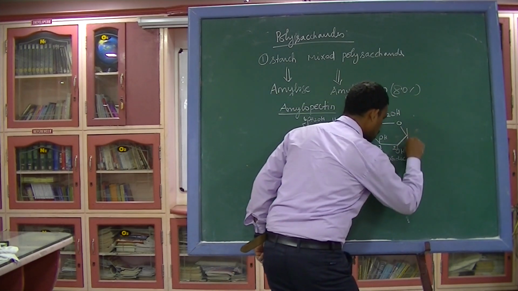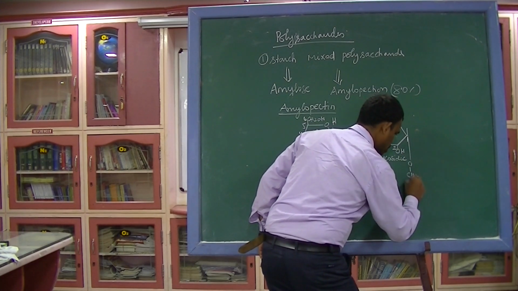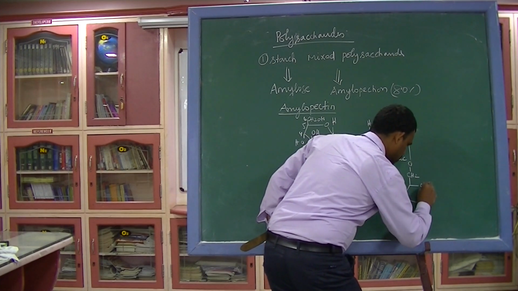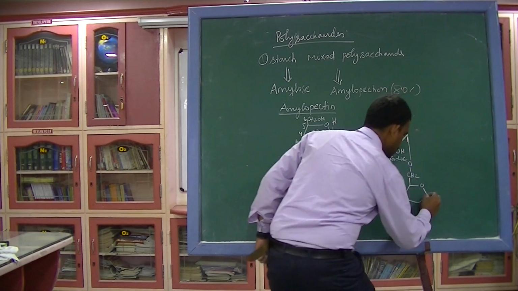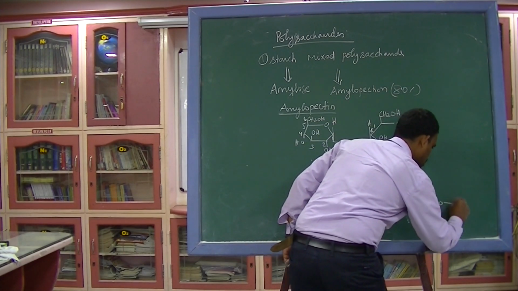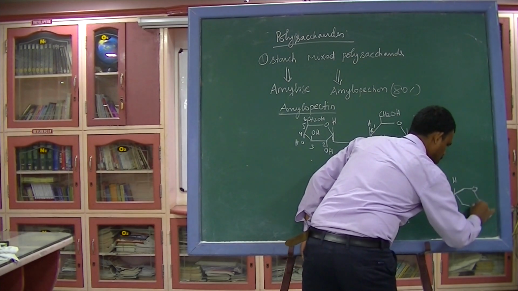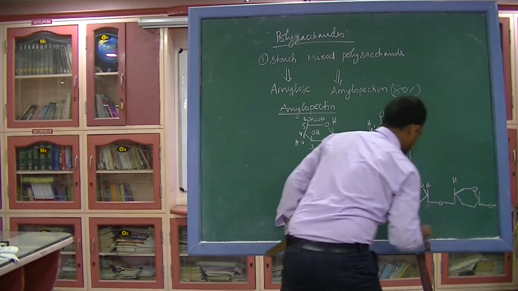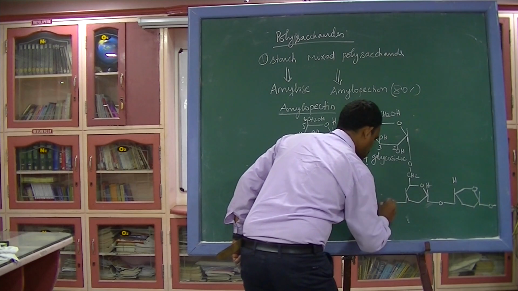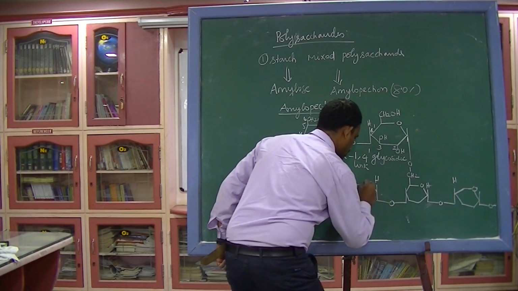The other one is CH2, so you have an OH, so this is a hydrogen and this is another subunit.